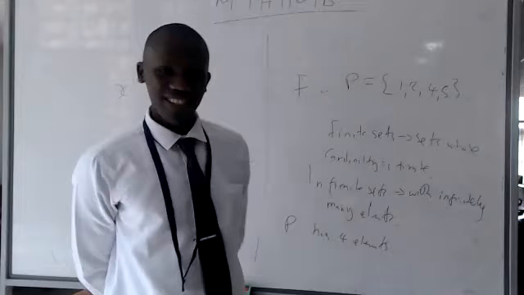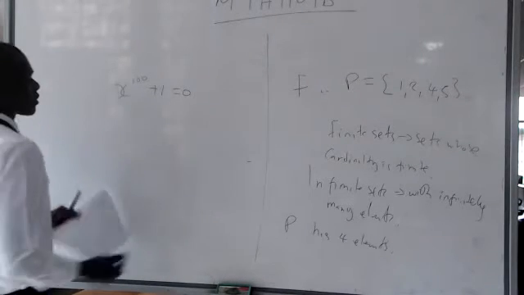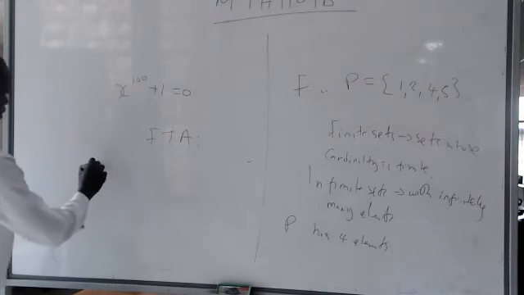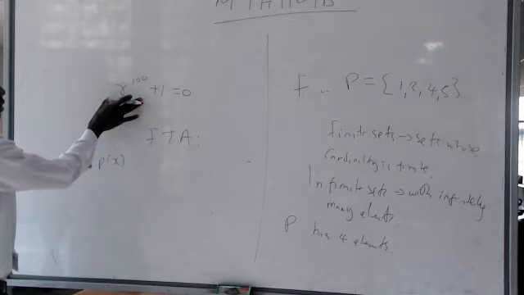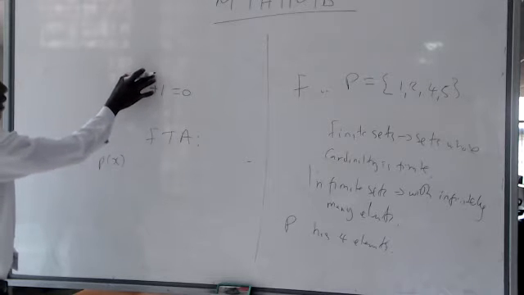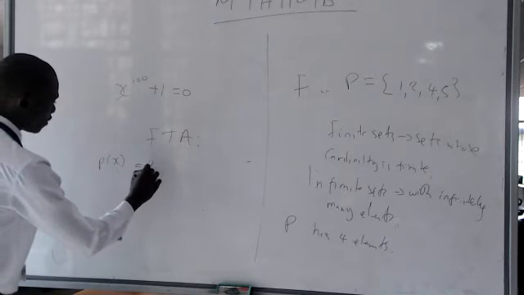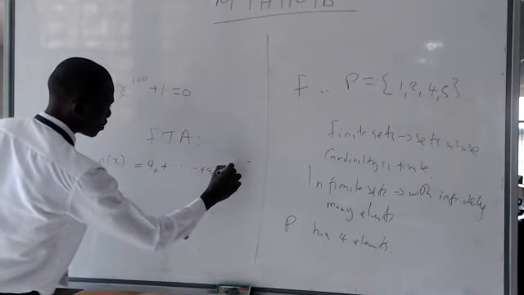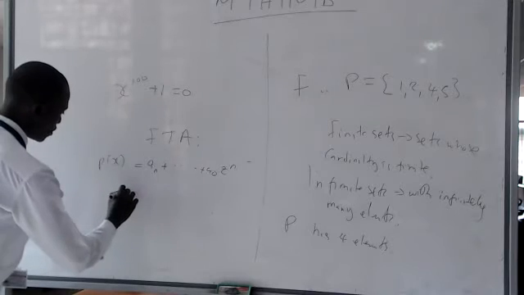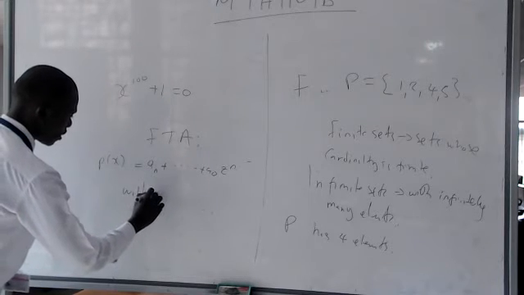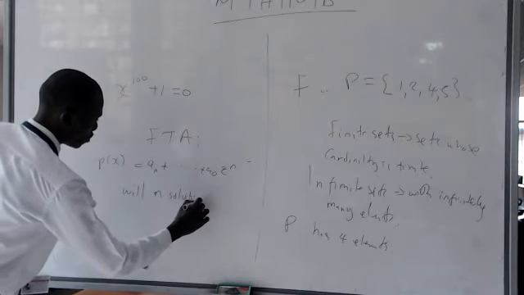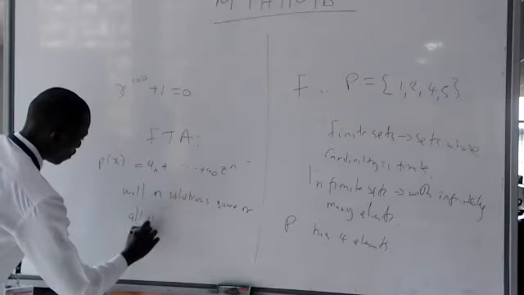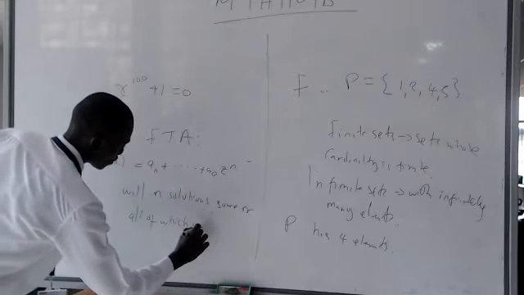You remember the fundamental theorem of algebra, where we said that any polynomial, because this is a polynomial in x, right? It's a polynomial of order 100. Any polynomial of the form a_n x to the n plus all the way to a_0, if it's order n, it will have n solutions, some or all of which may be repeated.